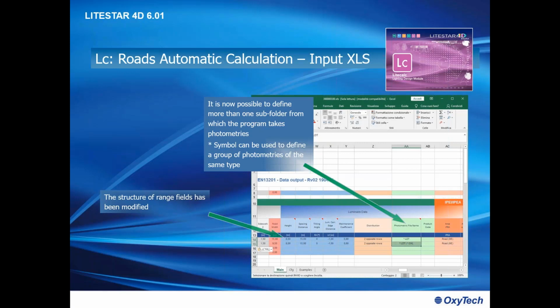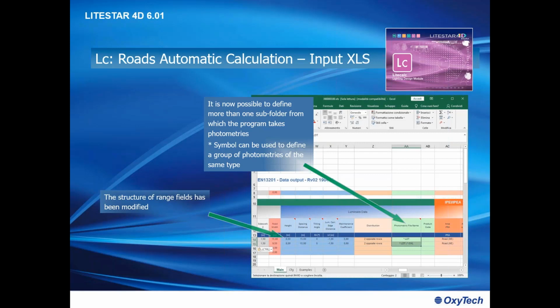In this case, you can organize your data as you like, and at that time, you can select what you want to use for your calculation. In the folders, you can input as many photometries as you like. If you do not define a specific file name, the program will automatically calculate all the photometries included in the defined folder.